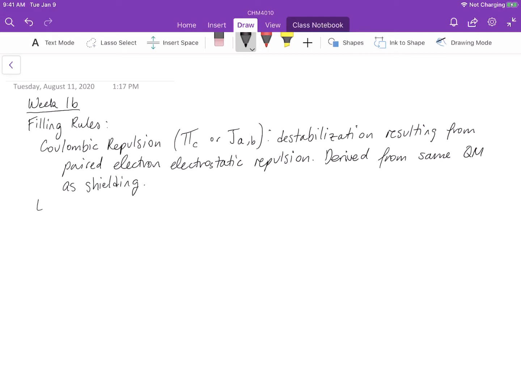The second one is called exchange energy. This is given pi sub e as the symbol, and this is the stabilization due to electron exchange.